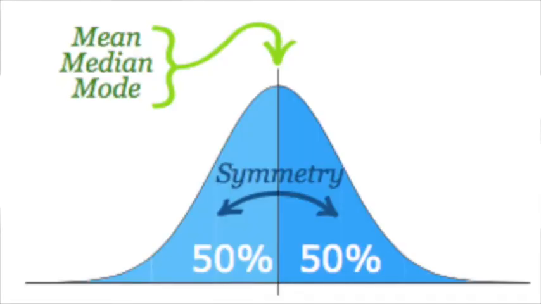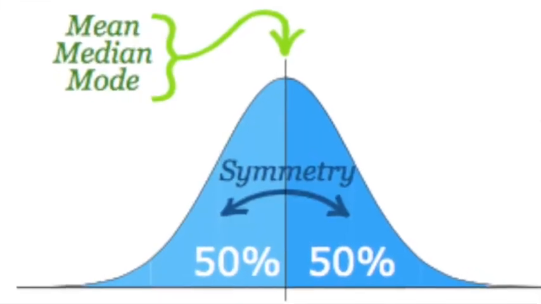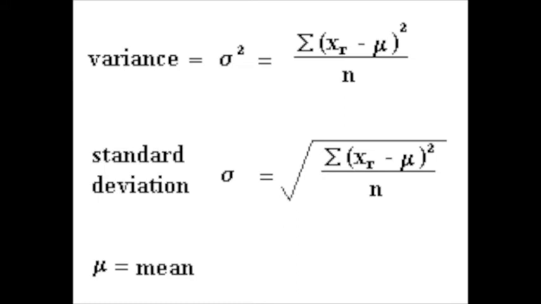Regarding the characteristics of normal distribution, the mean, the median, and mode are all equal, and the variance is the average square distance from the mean, and the standard deviation is obtained by the square root of the variance.